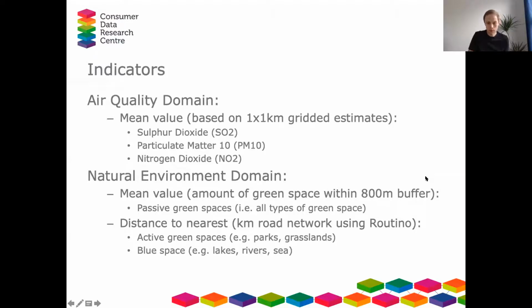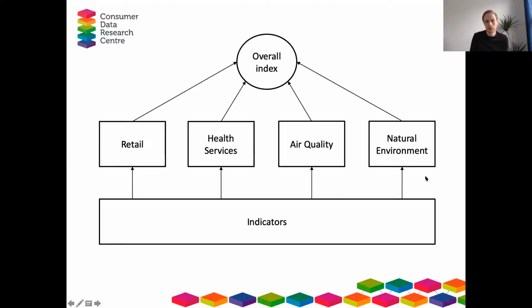So we generated quite a lot of these measures, based upon what stakeholders suggested and also from the literature. We have a series of indicators and we group them into these 4 domains. This is where we start to get involved in the multi-dimensional index creation, which will be covered in more detail in the second part of the video. We take all of the indicators, for example in the retail domain, and standardize them across the whole, so they're all on the same level playing field.